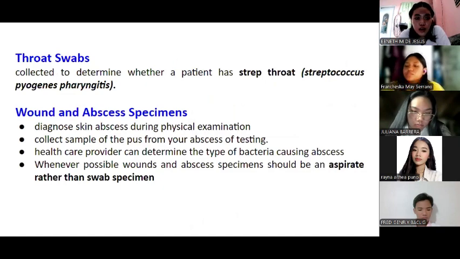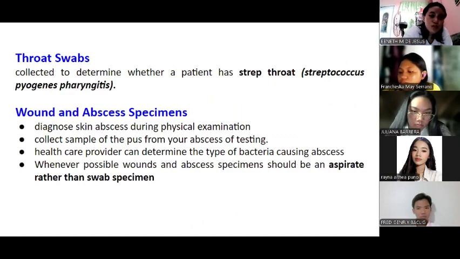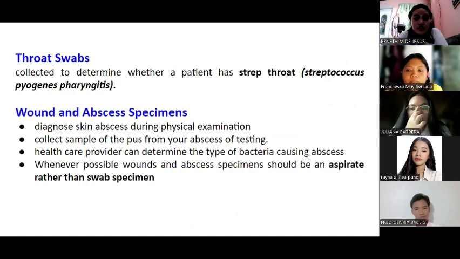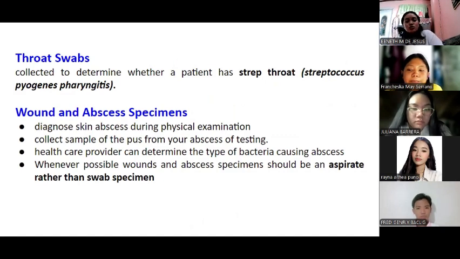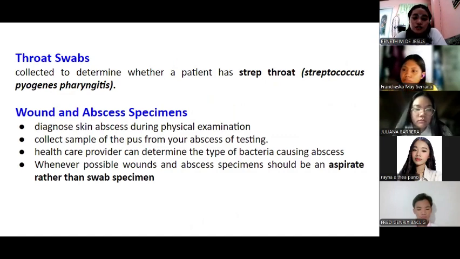So, for the throat swab collected to determine whether a patient has strep throat or Streptococcus pyogenes pharyngitis. So, a bacterial infection can make your throat feel sore and scratchy. So, streptococcal bacteria are contagious. They can spread through droplets or when someone with infection coughs or sneezes.